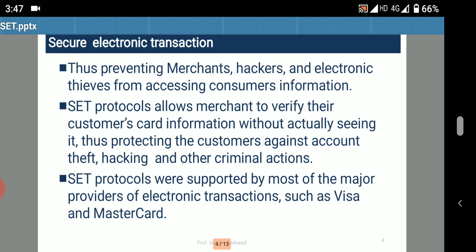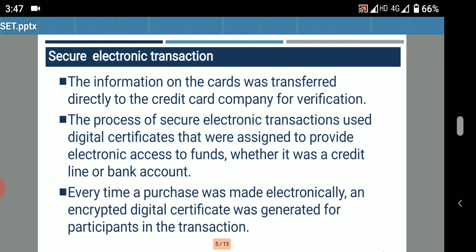SET protocols were supported by most of the major providers of electronic transactions such as Visa and MasterCard. The information on the cards was transferred directly to the credit card company for verification.